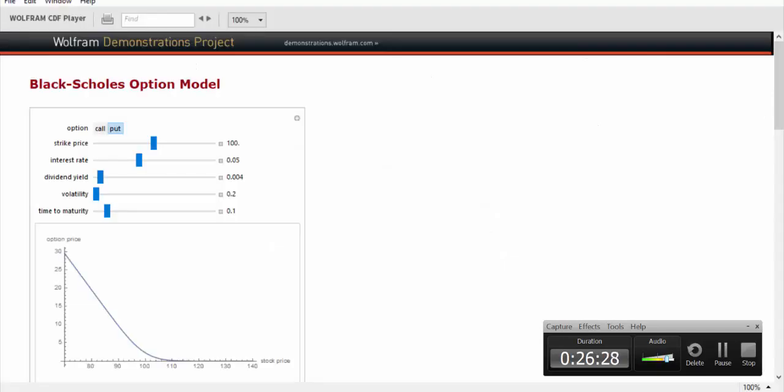I don't want to waste your time talking too much about that because we discussed that last time. But it's all to do with the curvature of this line and how the slope is changing and the curvature is changing.